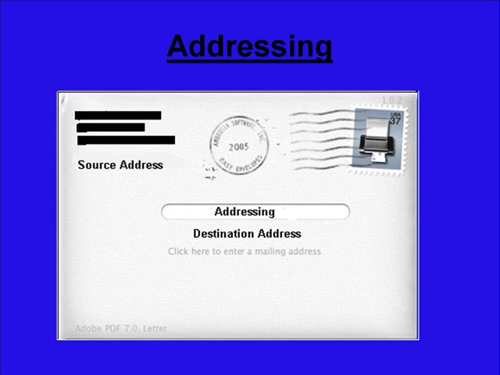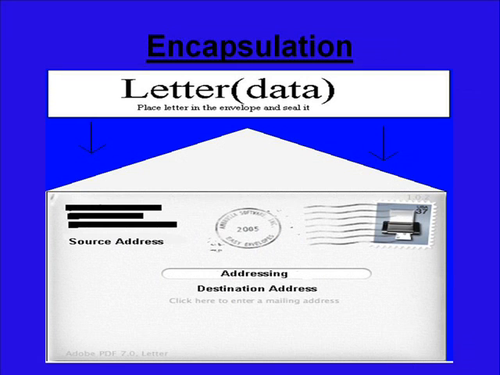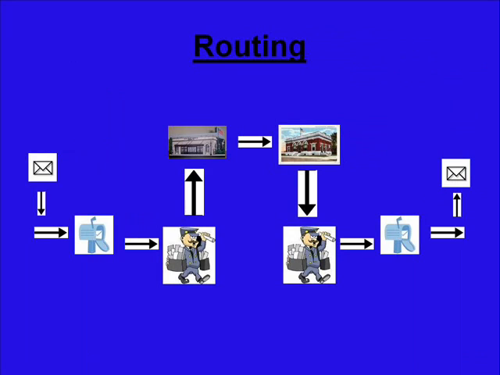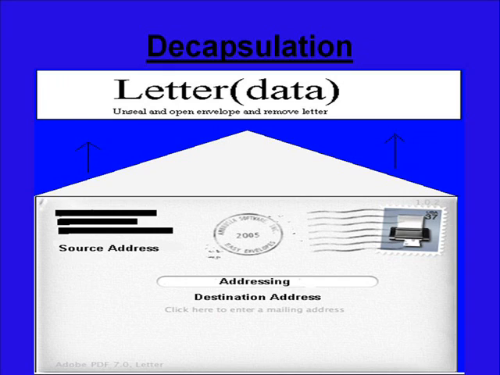Think of it like a letter in the mail. The address on the envelope is addressing. Encapsulation is putting the letter into the envelope and sealing it. Routing is the path the mail will actually take in order to arrive at its destination. And decapsulation is when the letter arrives and you open up the envelope and take the letter out.